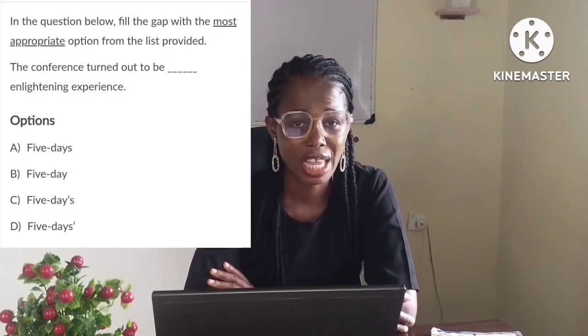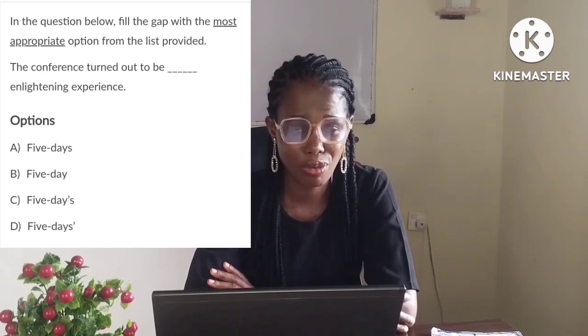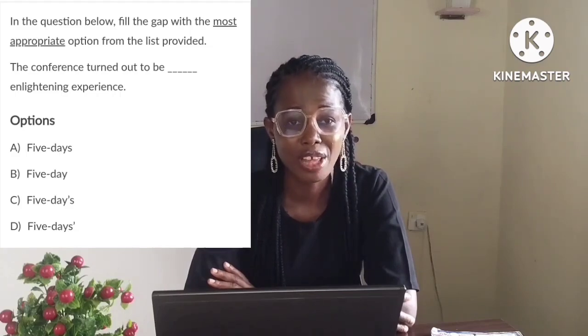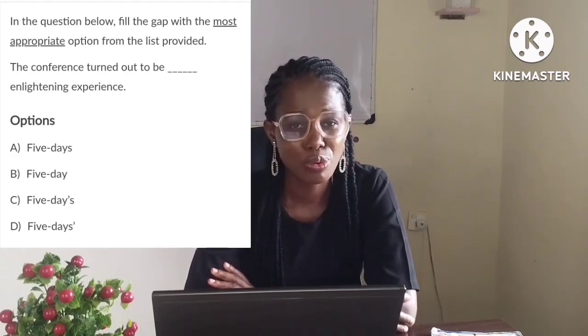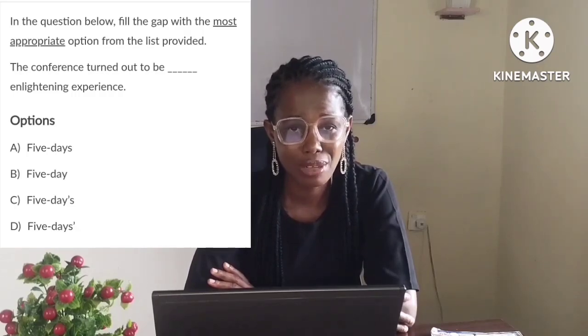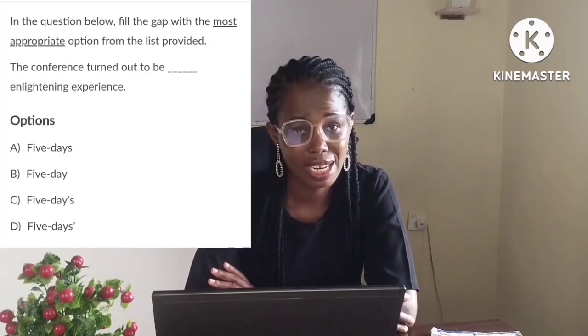That is, when you have a compound adjective, two words come together to describe a thing, to qualify a noun. And if the compound adjective contains a noun, you're not going to pluralize the noun, because the noun there is not functioning as a noun. We don't have singular and plural adjectives, right?